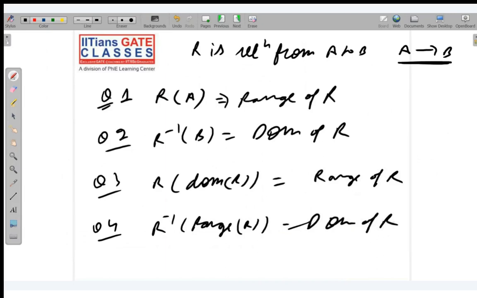So 1 and 3 are the same type of question. 2 and 4 are the same type of question. Is it okay now? And domain of R is a subset of A only.